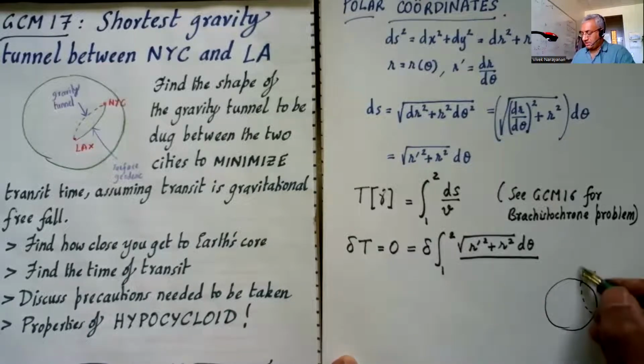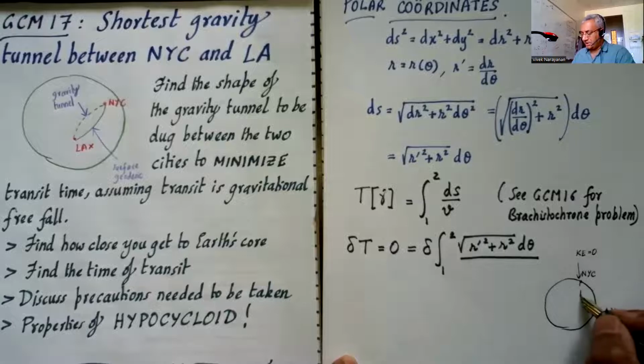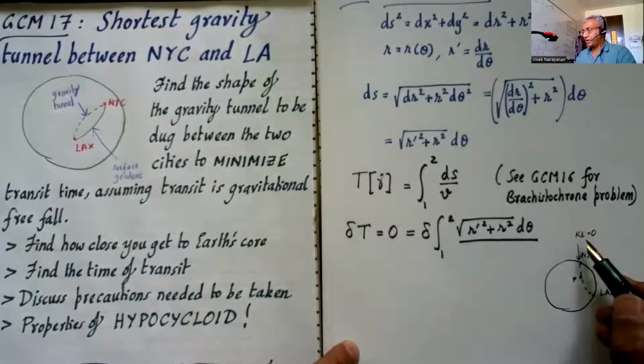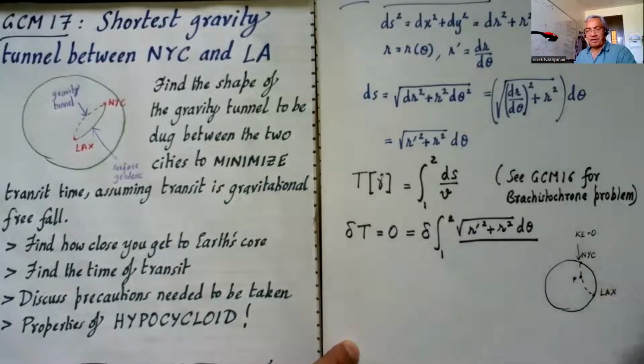We are assuming that the train is just dropped, so the kinetic energy is 0 here. At any given time, there's going to be kinetic and potential energy, so some arbitrary point P inside is going to have kinetic and potential. Initially, kinetic is 0. The total energy will be called capital E.